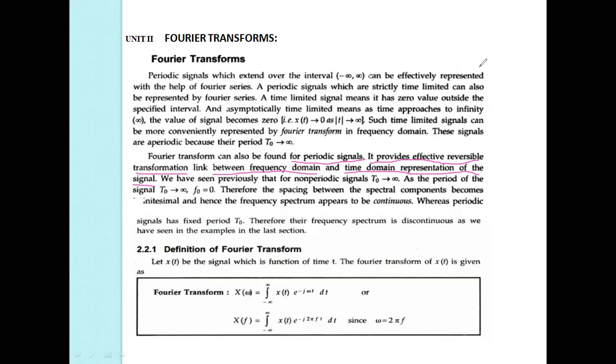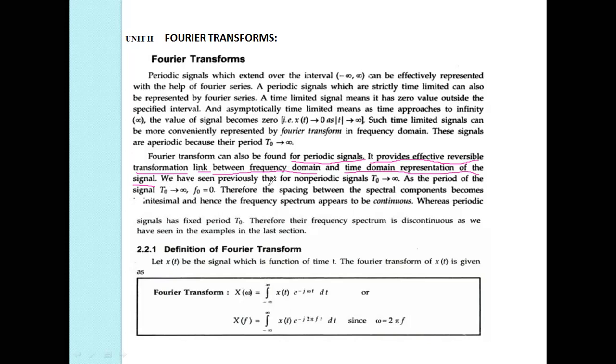But the Fourier transform can also be found for aperiodic signals, and it provides an effective reversible transformation link between frequency domain and the time domain representation of the signal.